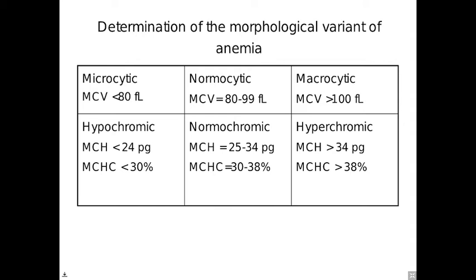And with the two latest values, MCH and MCHC, we will differentiate between normochromic, hyperchromic, and hypochromic. An example of hypochromic anemia is the late stages of iron deficiency. Hyperchromic is B12 vitamin deficiency.